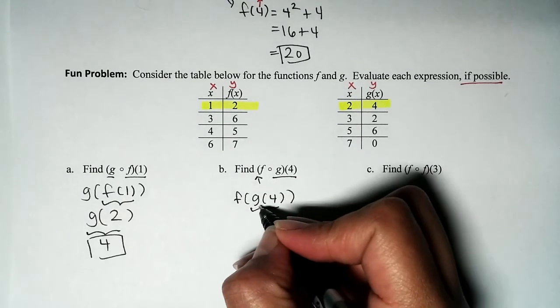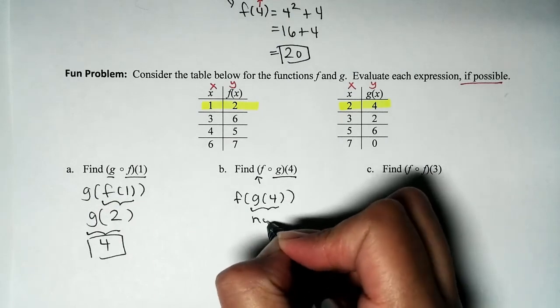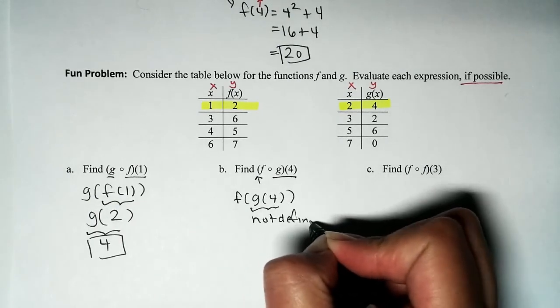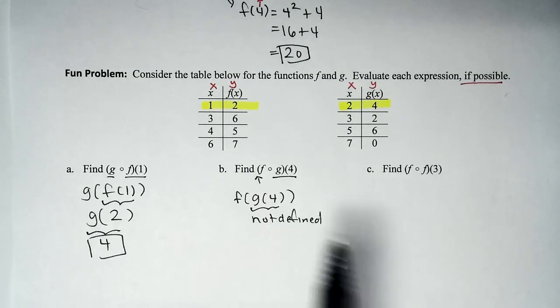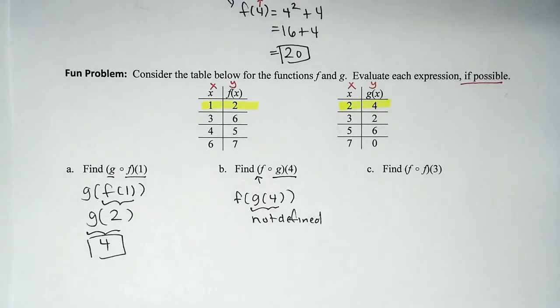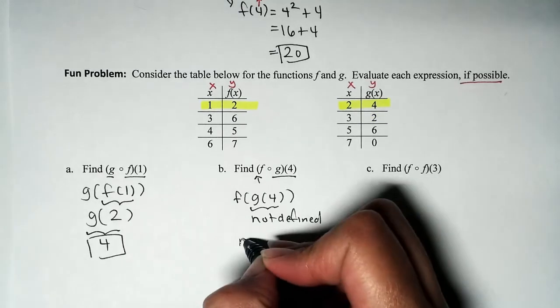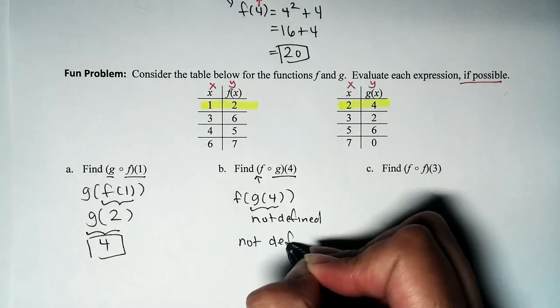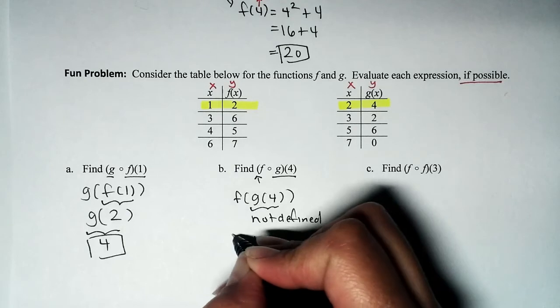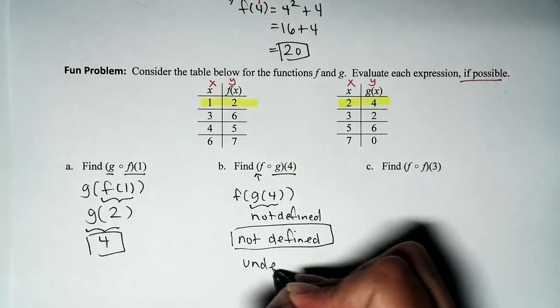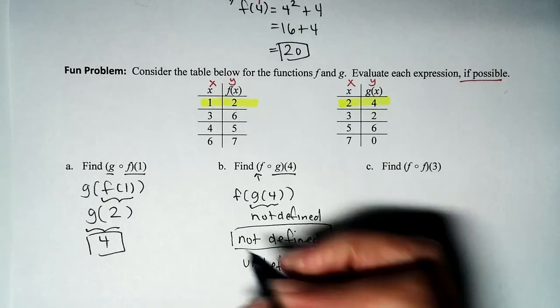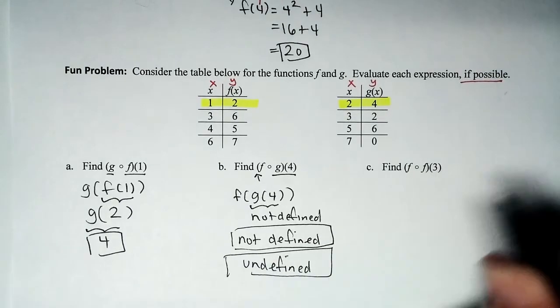So if g of 4 is not defined, then there's no way I can find f of whatever I'm left with. So in this case, the composite function is not defined. Or you can just write undefined, or not possible. Just write something to let me know that it's not happening.